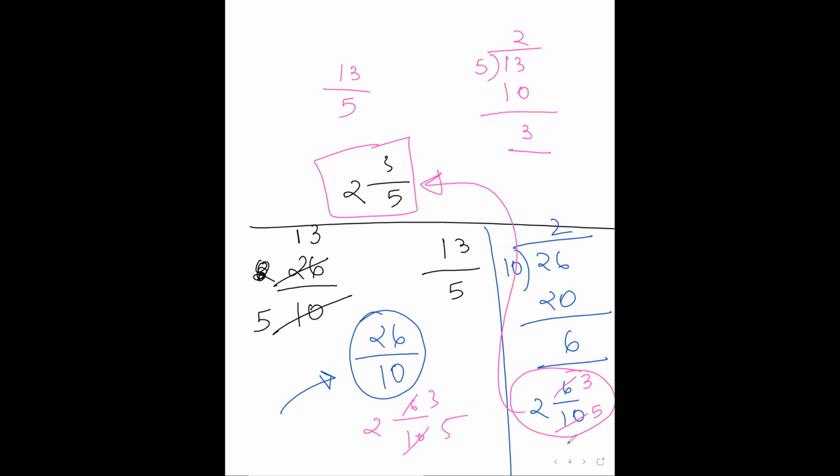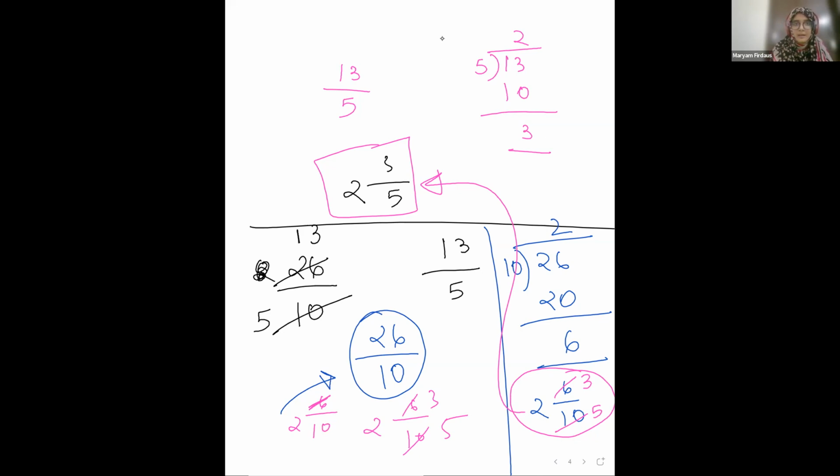For 26/10, can we just find the mixed fraction and then get over the question? No. You have to find the mixed fraction, which for 26 by 10 will be 2 6 by 10, right? But you cannot leave it at this. You have to simplify this mixed fraction also.